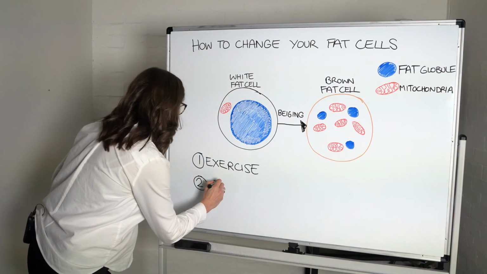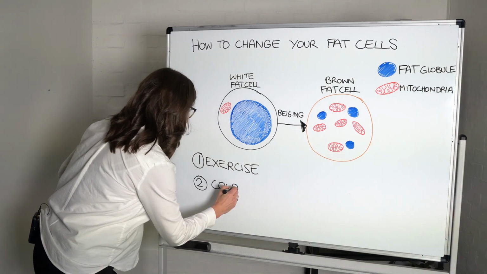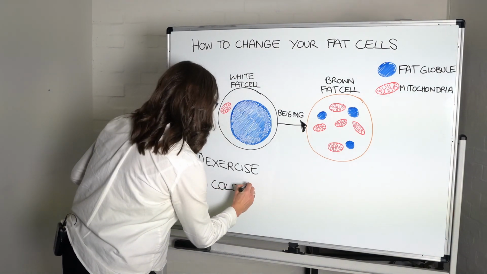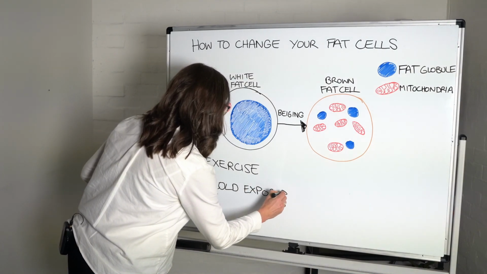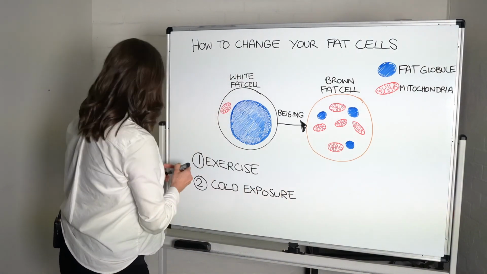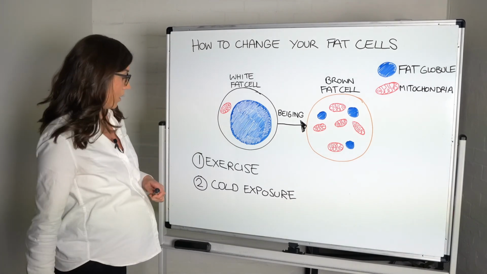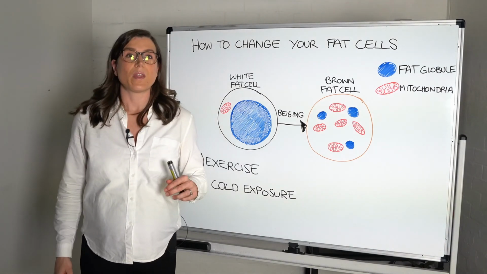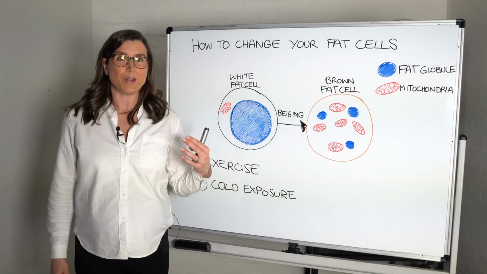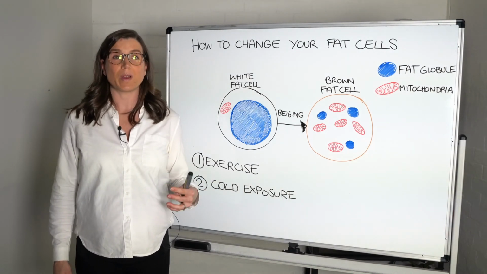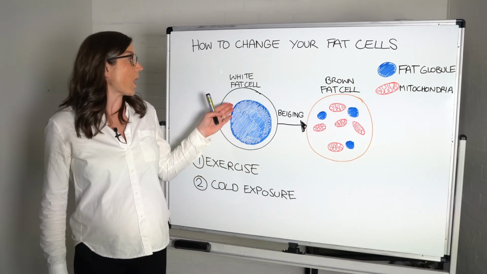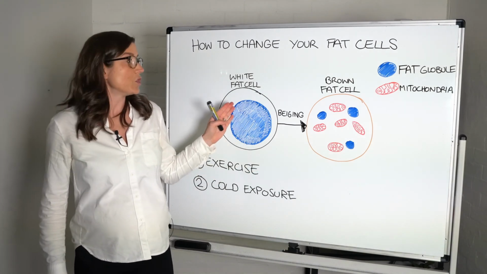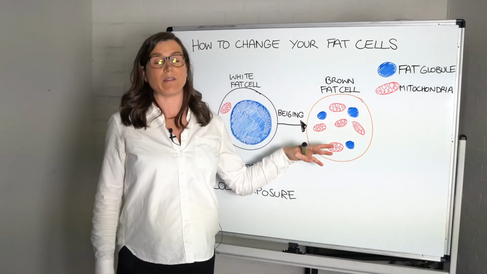Second one is cold exposure. When you're exposed to the cold, your body will again switch these genes on to promote white fat cells turning into more of these brown fat cells.